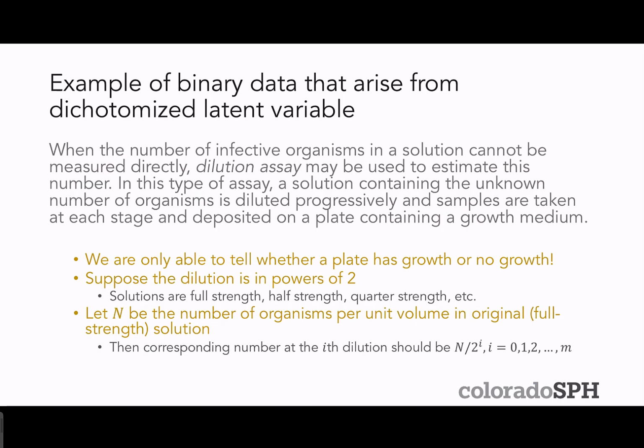So I'm going to show you an example of binary data that can arise from this type of dichotomized latent variable. When the number of infective organisms in a solution cannot be measured directly, dilution assays can be used to estimate this number. In this type of assay, a solution containing the unknown number of organisms is diluted progressively, and samples are taken at each stage and deposited on a plate containing a growth medium.